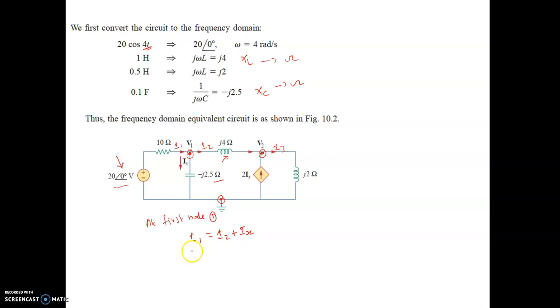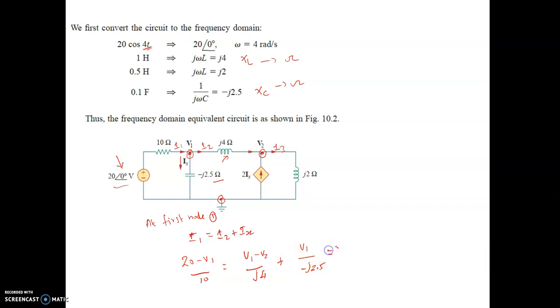You have to use a formula with respect to nodal voltage. I1 is nothing but 20 minus V1 divided by 10, which is equal to I2, V1 minus V2 divided by j4, plus Ix, which is V1 divided by minus j2.5.